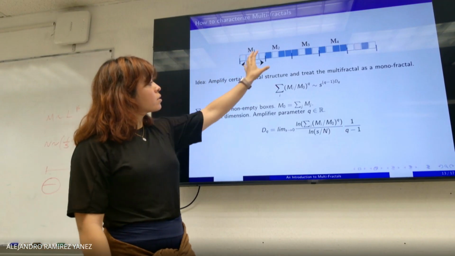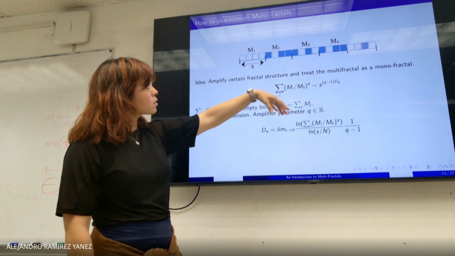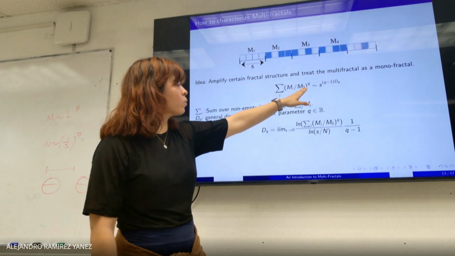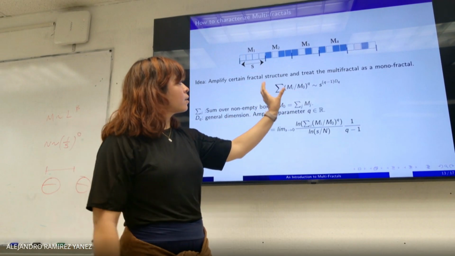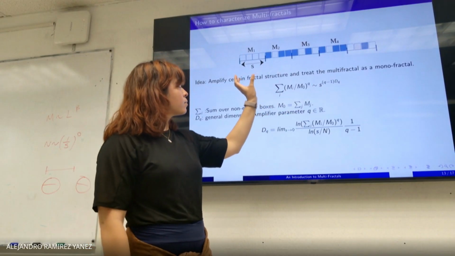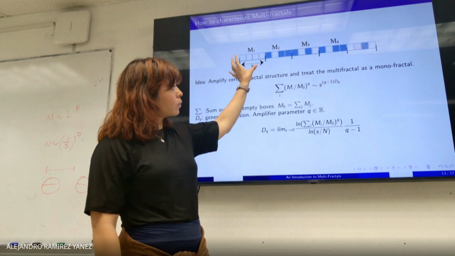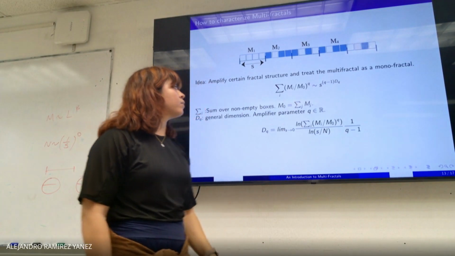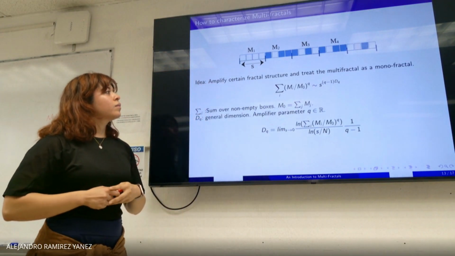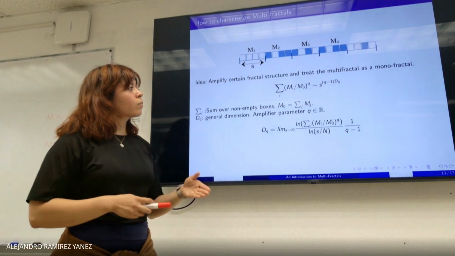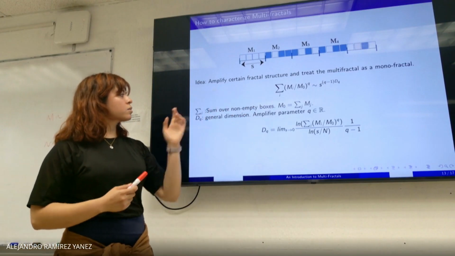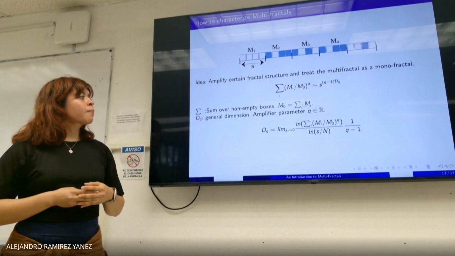Now, the mass on each box is raised to a power Q. Here we have the normalized mass to the power Q, and it will go as a power law with the window size, with exponent Q minus 1, and Dq will be our dimension for the fractal that we highlight for certain Q. So Dq is called the general dimension.